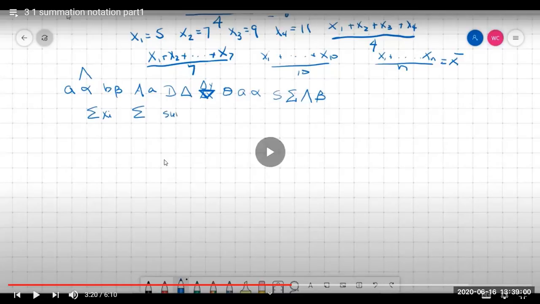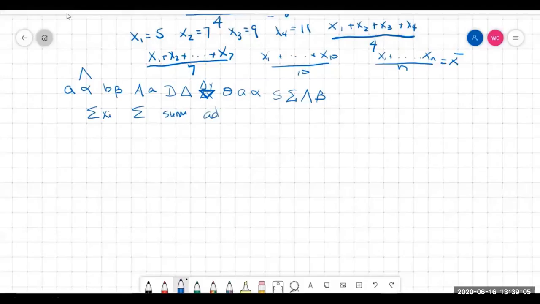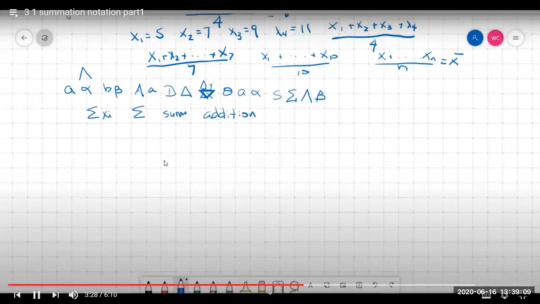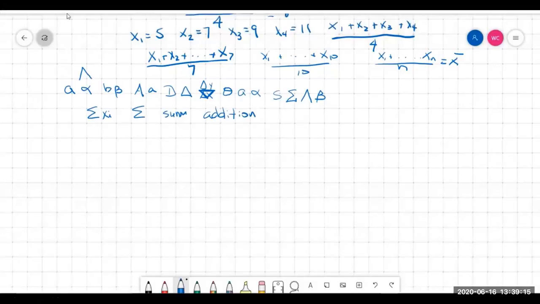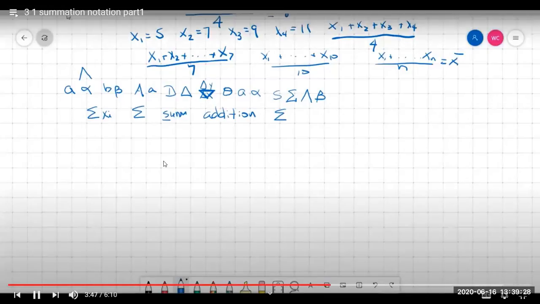Yeah, that's right, the word sum. Sum is another word for addition, so sum and addition basically are the same thing. So when we're doing addition, we use the Greek letter S because it's the first letter of the word sum.